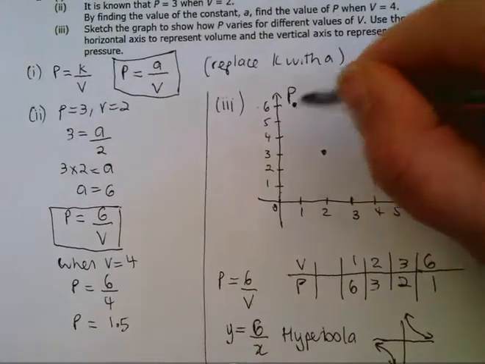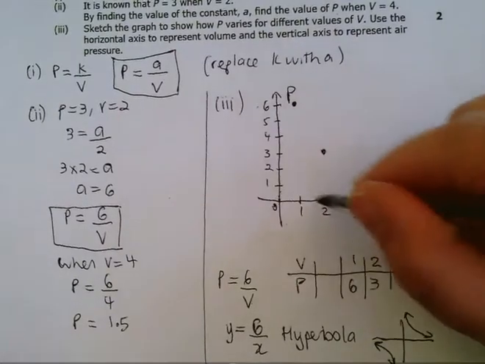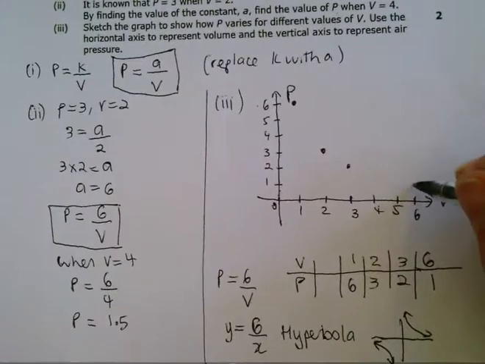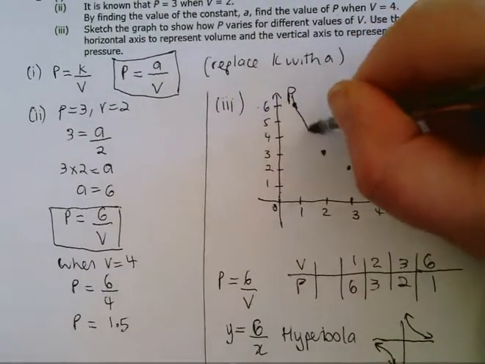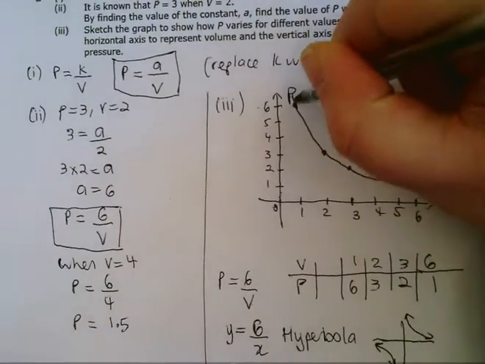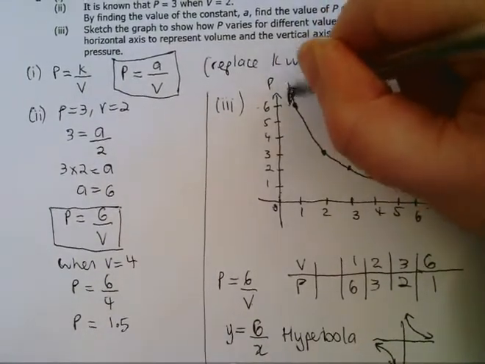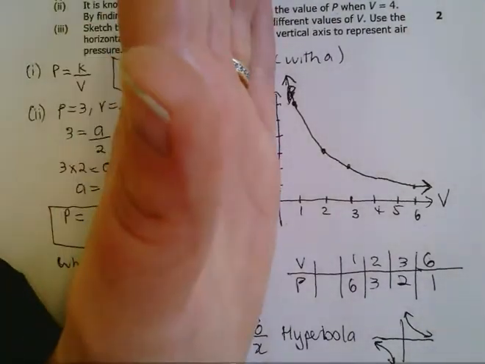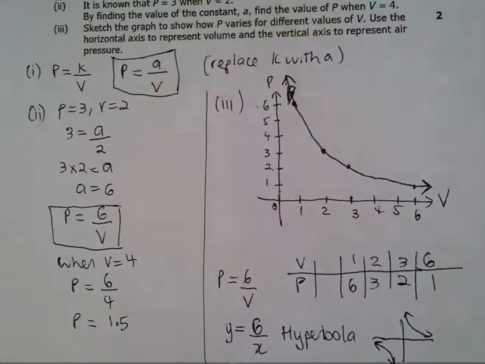So I'm going to plot those: the points (1, 6), (2, 3), (3, 2) and (6, 1). Now we do expect it to be this shape and we must put arrows on the end. So this just keeps going up there. It will never touch the P axis and it will never touch the V axis.